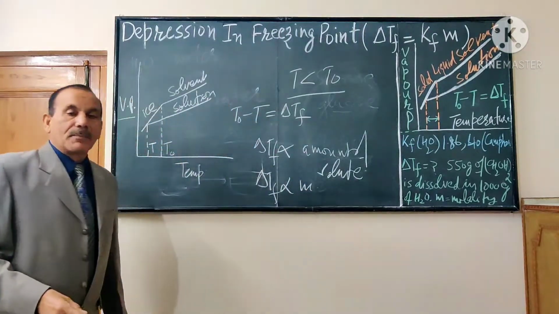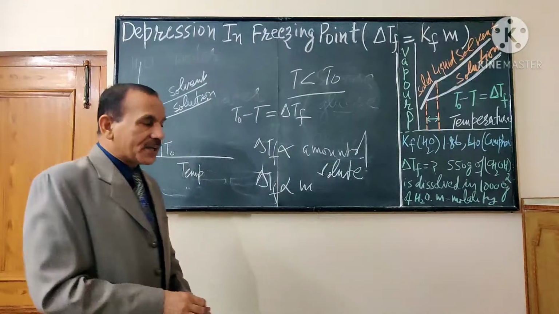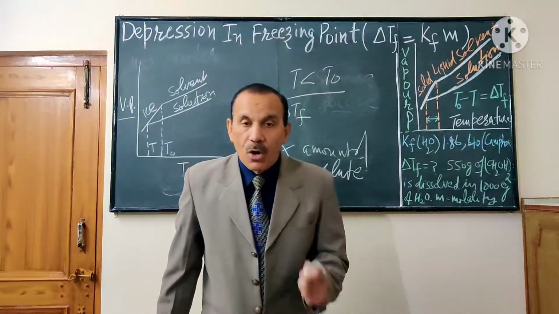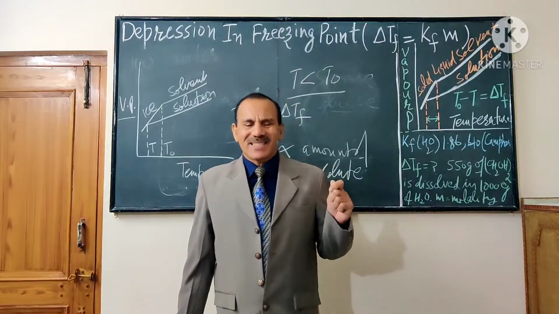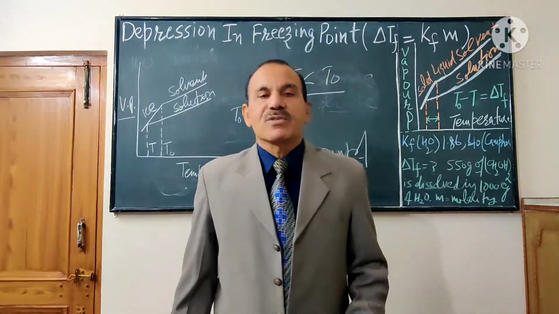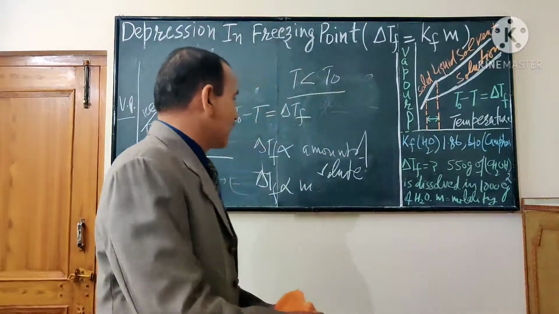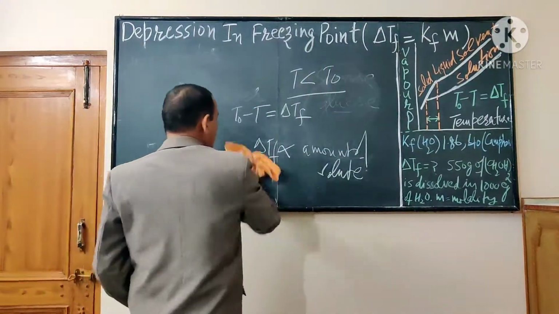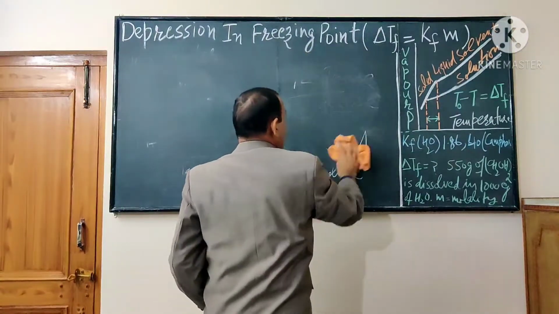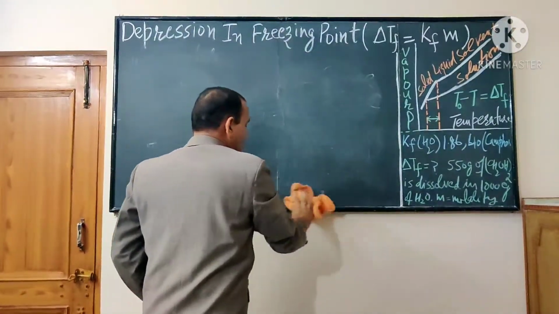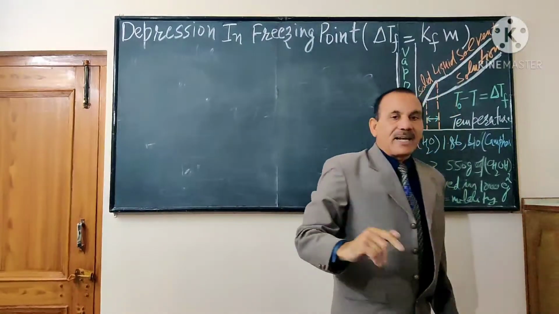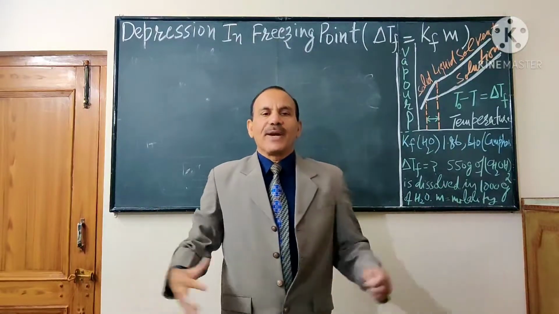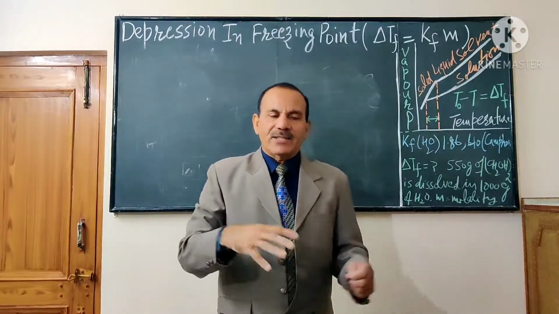Small m means molality of the given solution, and molality is equal to the number of moles of solute present in 1000 gram of solvent. The molality of solution is independent of temperature, because here we are considering weights of solute as well as solvent.